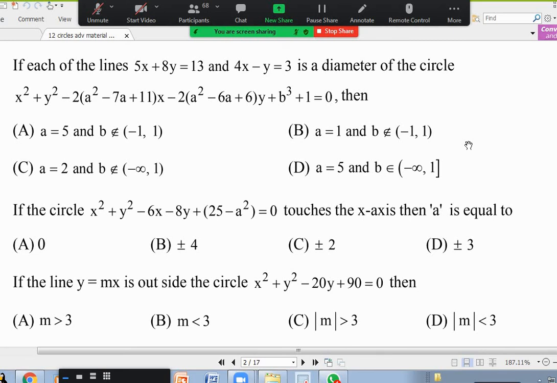5x plus 8y equal to 30. One line. 4x minus y equal to ... and the circle x square plus y square minus 2 times (a square minus 7)x minus 2 times (a square minus 6)y plus b square plus 1.